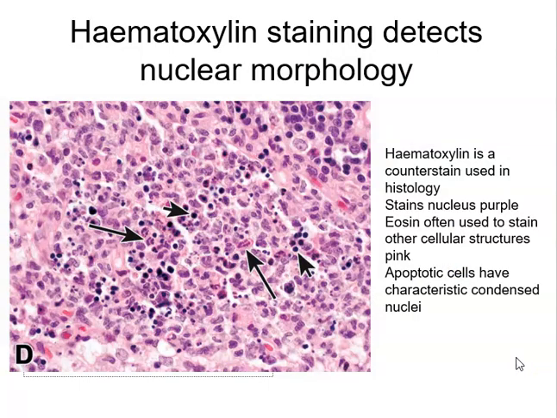Now you don't need DAPI and fluorescent microscopy to be able to visualize apoptotic nuclei. You can do it with classic H&E staining or just Haematoxylin staining, and many of you will have done this in the lab where you stain a tissue section with Haematoxylin. Haematoxylin stains the nuclei blue, and you can see condensed nuclei here. So this is apoptosis.